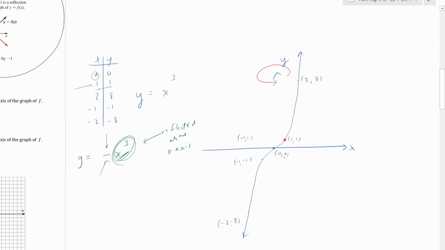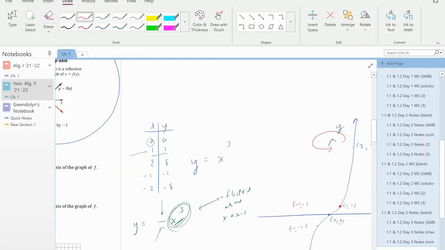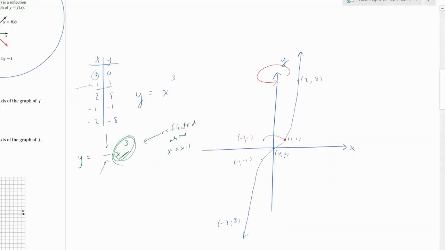That 2, 8, if I reflect it over the y-axis, it's going to sit here at negative 2, 8, right? If I reflect over the y-axis, this 1, negative 1 is going to flip to negative 1, 1.